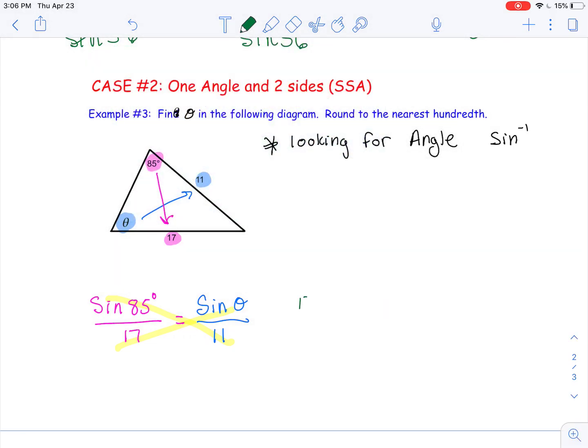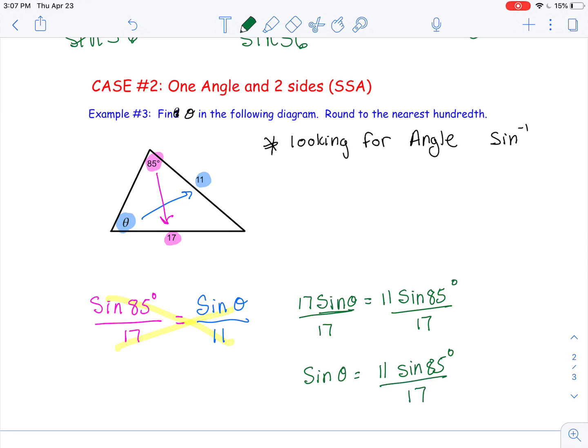So I end up with 17 sine theta equals 11 sine 85. I want to get sine theta by itself, so I'm going to divide by 17. So I get sine of theta is equal to 11 sine 85 over 17.